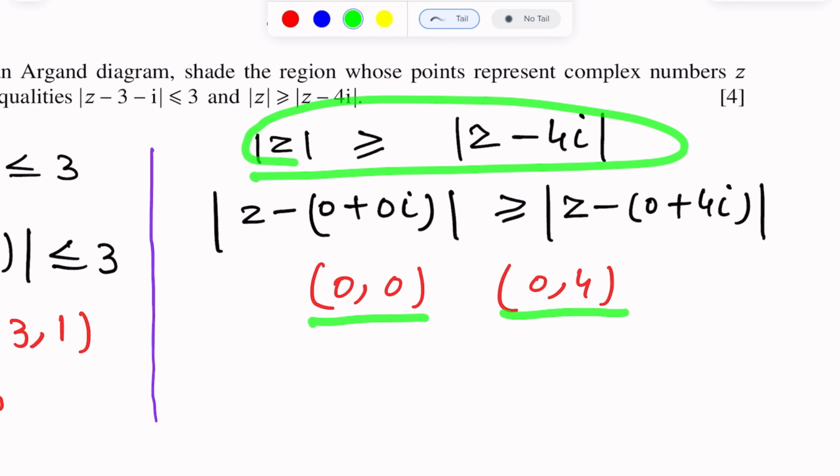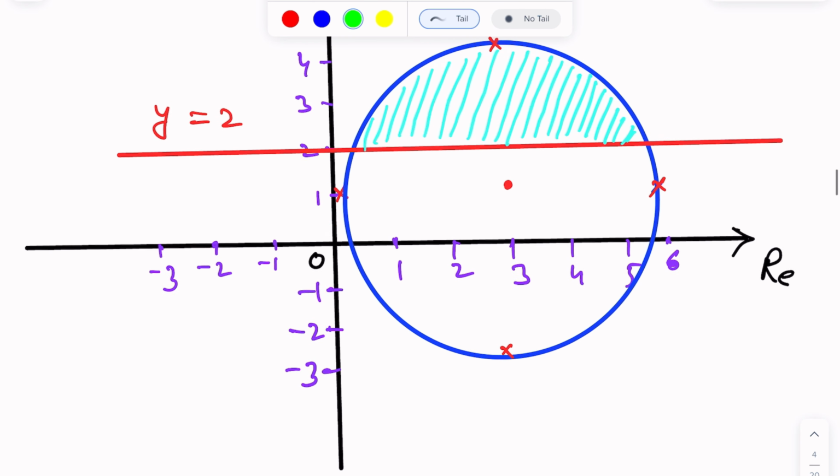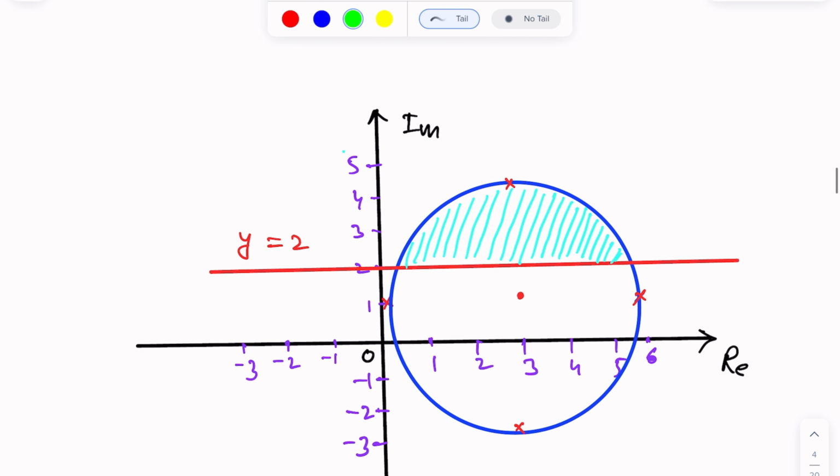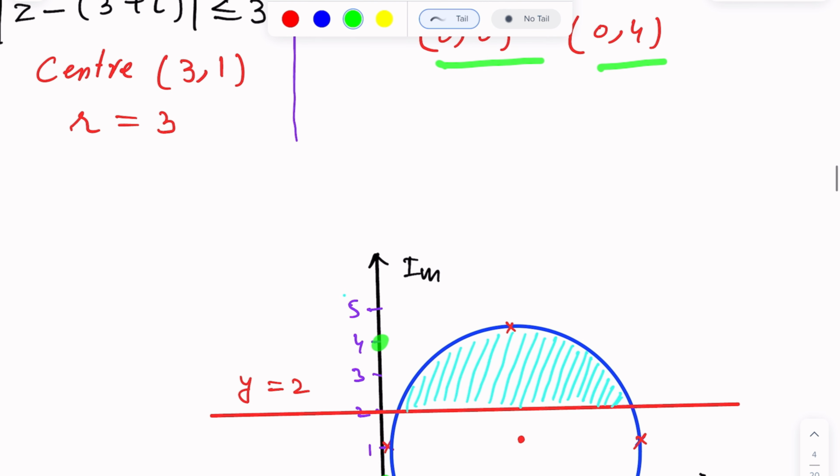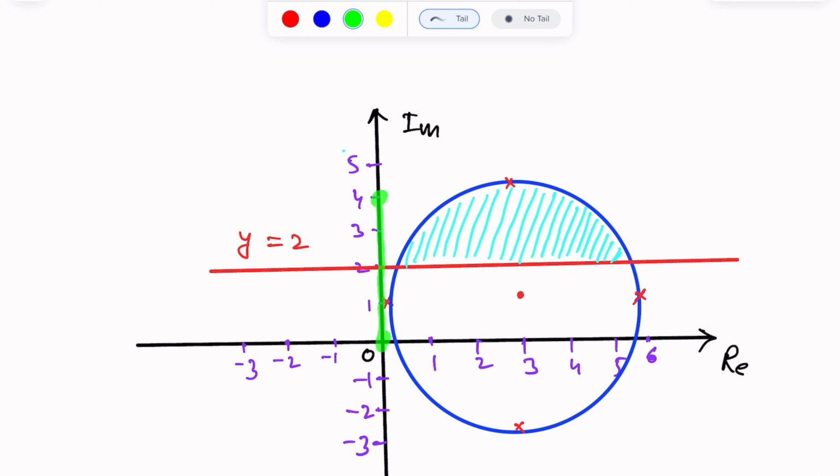For the second inequality we will join these 2 points, (0, 0) and (0, 4). This point is (0, 0). This is (0, 4). Now we will take the perpendicular bisector of this line joining (0, 0) and (0, 4).